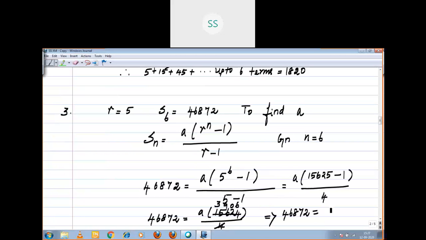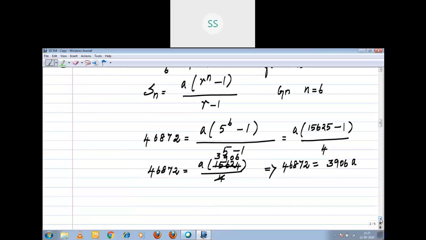Right, children? Now we are going to divide. 4 3s are 12, 36, 4 9s are 36, which implies 46872 equal to 3906a.